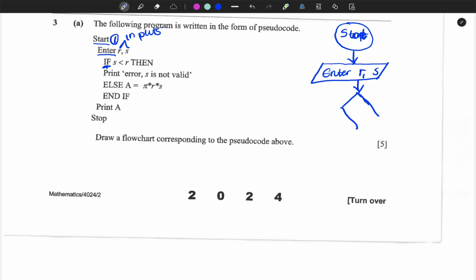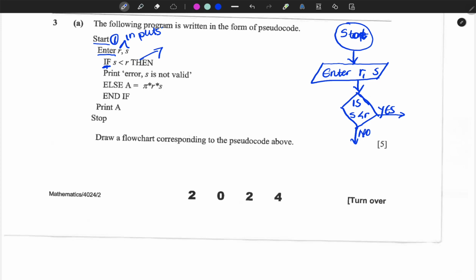A rhombus is used for decision making. So you say, is S less than R? We are going to have two answers: yes, and no.